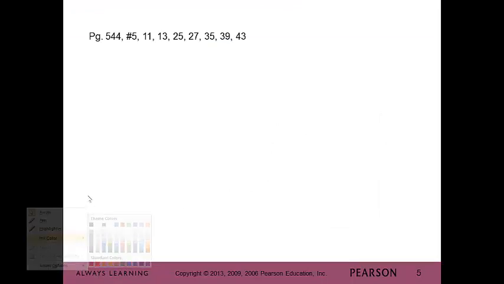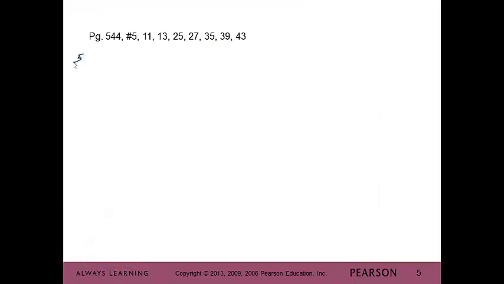So let's go in our books to page 544, and we're going to start by looking at number 5. The instructions say solve each rational equation, and for number 5, we have 2 minus 8 over x equals 6.